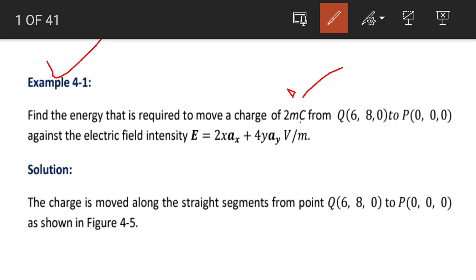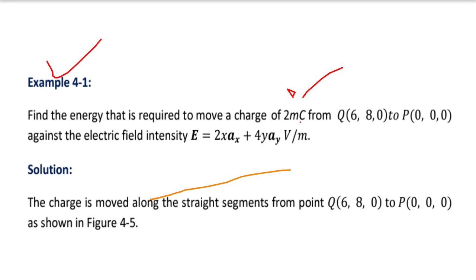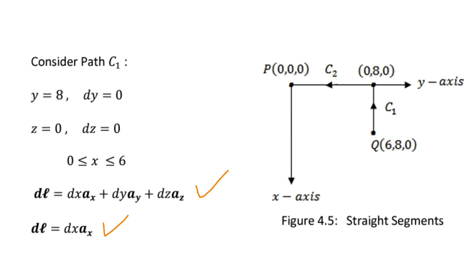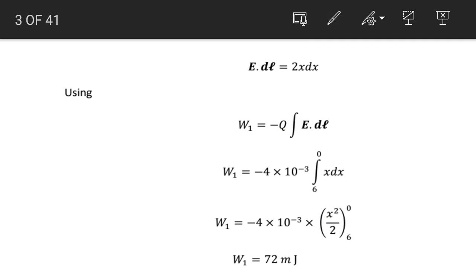So we calculate E dot dl, which will be equal to 2x dx. The energy required to move a charge of q coulomb along the segment C1 is equal to minus q times the integration of E dot dl.